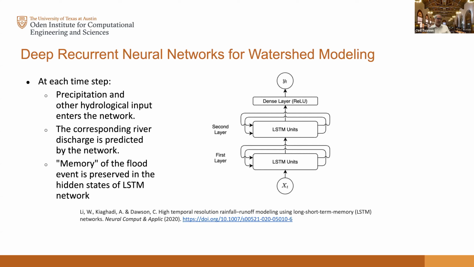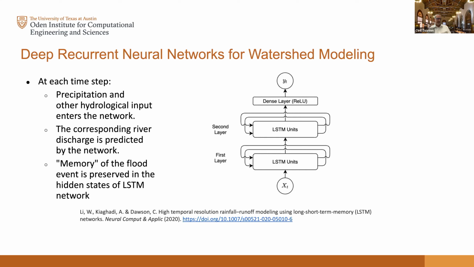So we used a deep recurrent neural network. In particular, we looked at long short-term memory networks. I won't get into the details of all the layers and the units, but what enters the network is primarily precipitation and other hydraulic input.